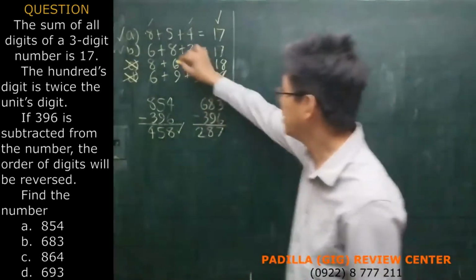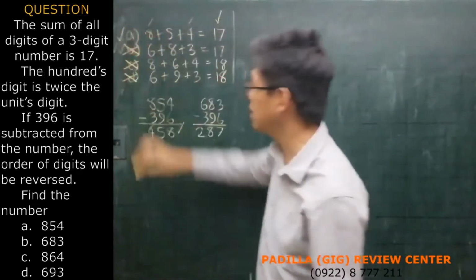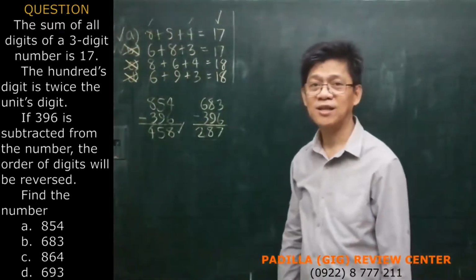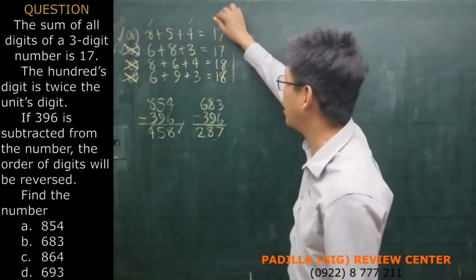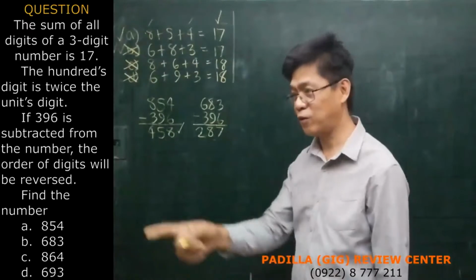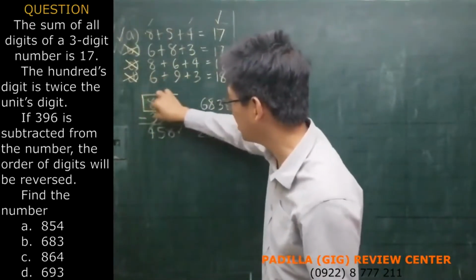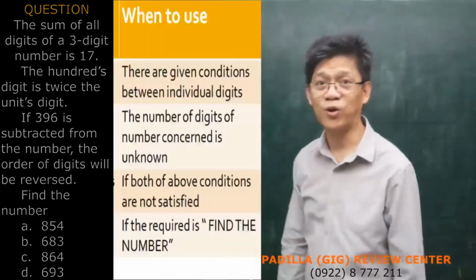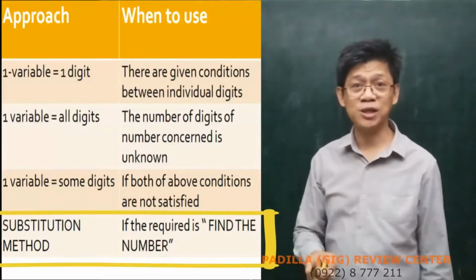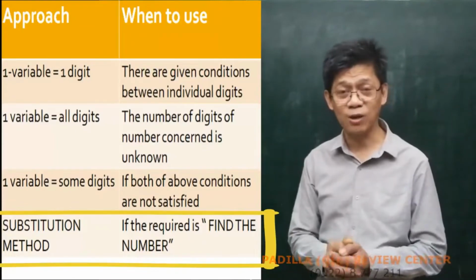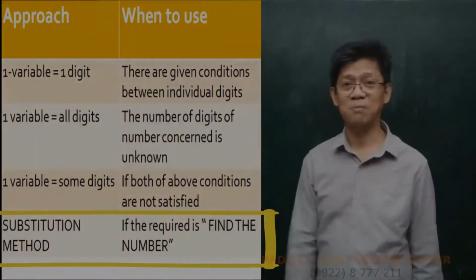So, therefore, option B is eliminated. So the number for this problem is 854. So, use the substitution method if the required is find the number.